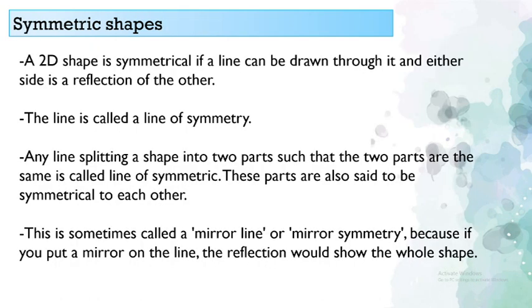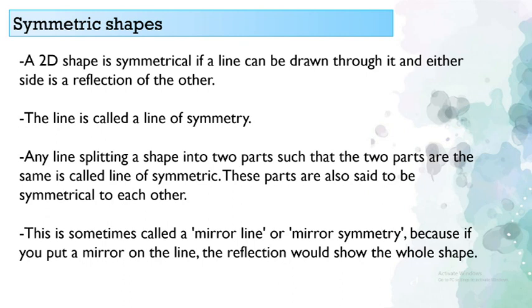Now I am going to explain to you all about symmetric shapes. A 2D shape is symmetrical if a line can be drawn through it and either side is a reflection of the other. The line is called a line of symmetry.